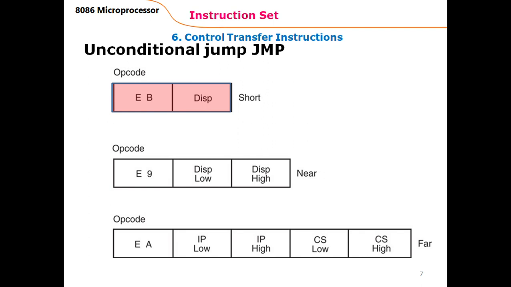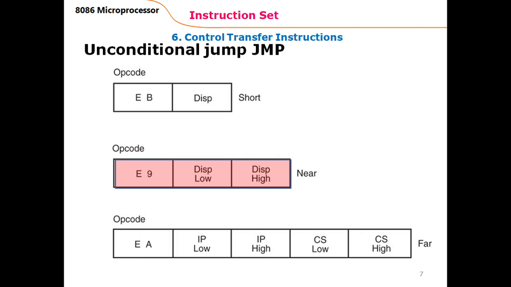So, for example, if the value of this displacement is plus 20, then the jump will happen in the upward or forward direction, skipping 20 bytes from the existing location.